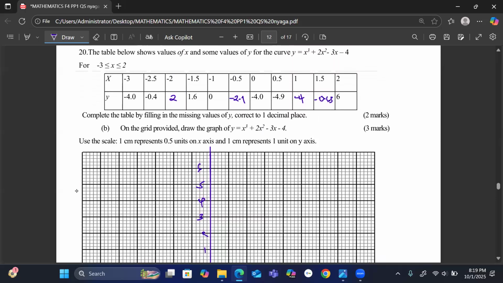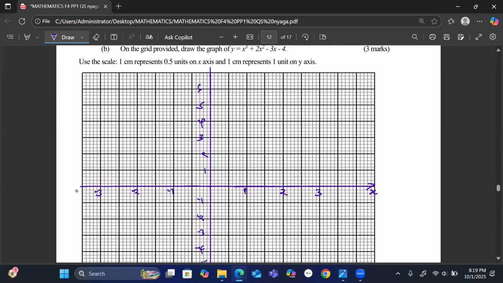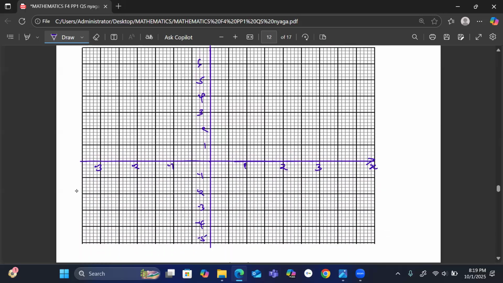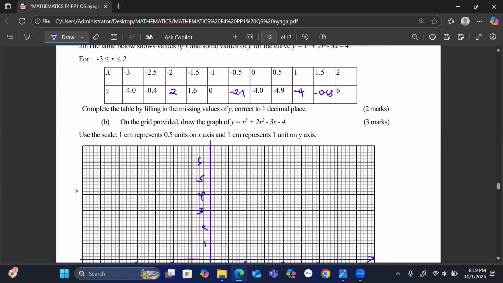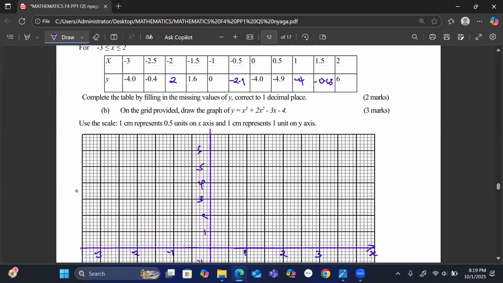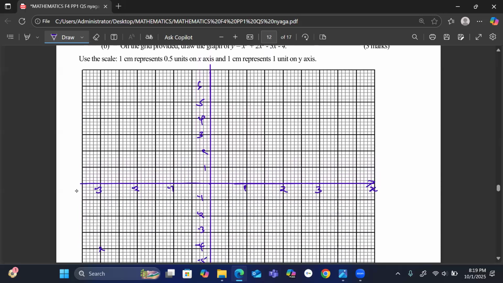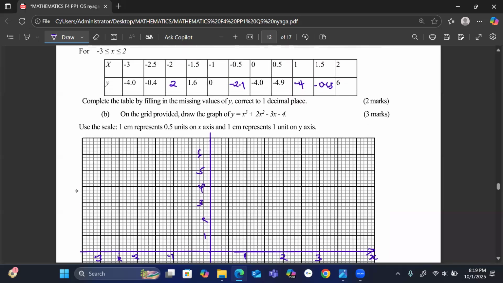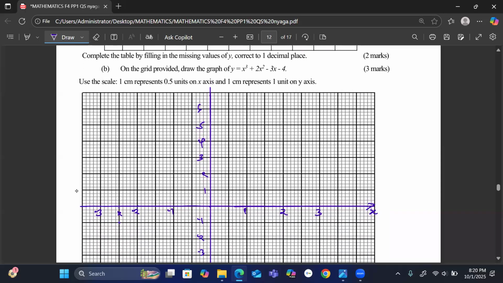Now, when x is -3, y is -4. So -3, -4, yeah. Then we have -2.5, -0.4, it's somewhere here. Then we have -2, 2 here.